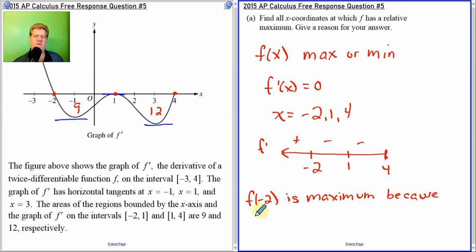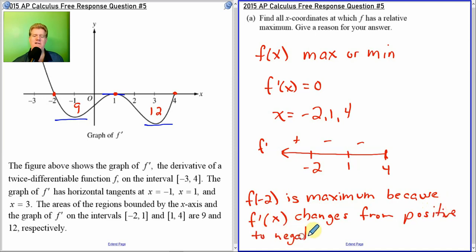You can say it a bunch of different ways, but I like to say it this way: f prime of x changes from positive to negative at x equals -2. So there's your reason for it. There's your justification for why it's a maximum. Okay?